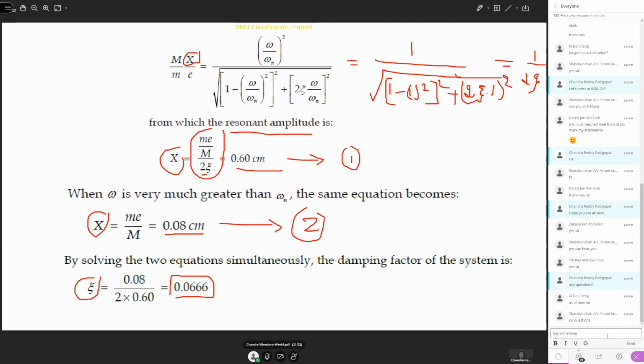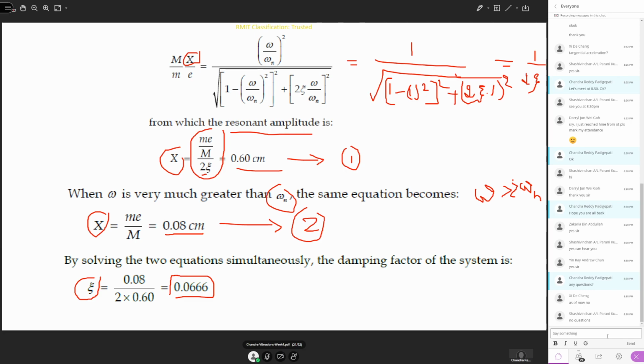So in this example, the data given is quite less. The data refers to resonant conditions and to when the external frequency is much greater than omega n. So for these two conditions, we can write the first equation and replace omega over omega n with 1, because it's the resonant condition, and the frequency ratio R is equal to 1.